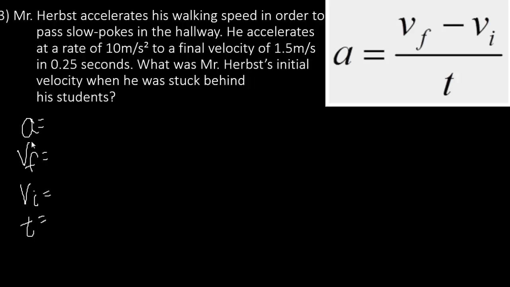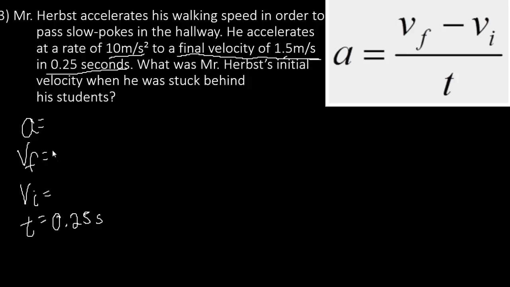And then we go ahead and plug and chug what we know. Once again, I like to underline the numbers that we know in this problem. This one right here, 0.25 seconds, should be screaming at you that that is an example of a time. Then we go ahead and look. Well, we are given another number here, 1.5 meters per second. And take a look, it even tells us that it is a final velocity.